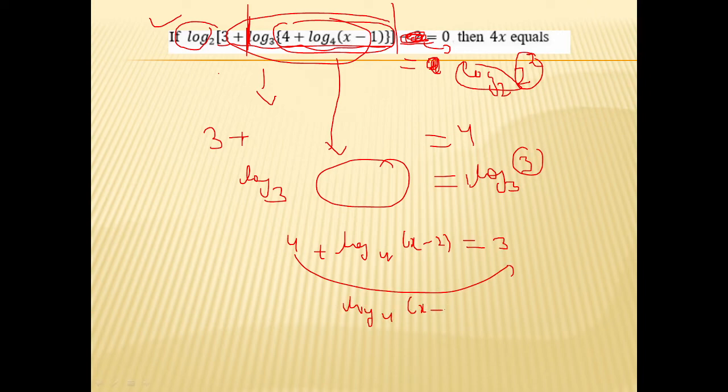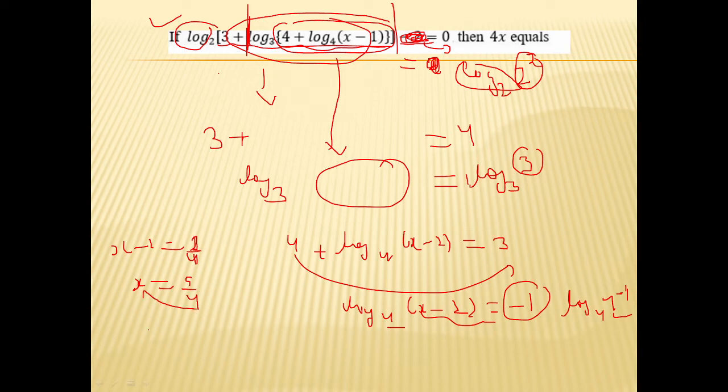Log base 4 x minus 1 equals minus 1. Now again this part, what can it be written as? The base is 4, so 4 to the power minus 1 here. Now x minus 1 equals 4 to the power minus 1. So x minus 1 equals 1 by 4. X equals 1 plus 1 by 4 equals 5 by 4. So 4x is 5 is the answer. Super easy question. This will take around 50 to 55 seconds.